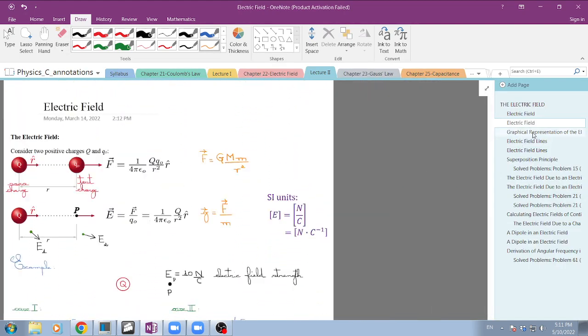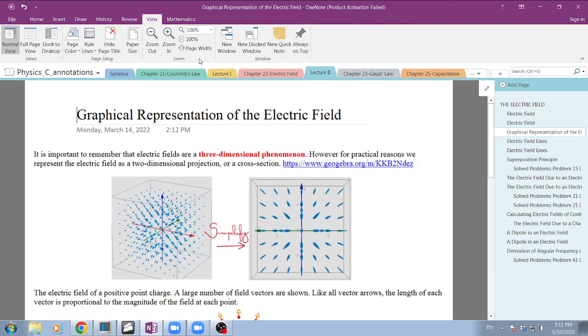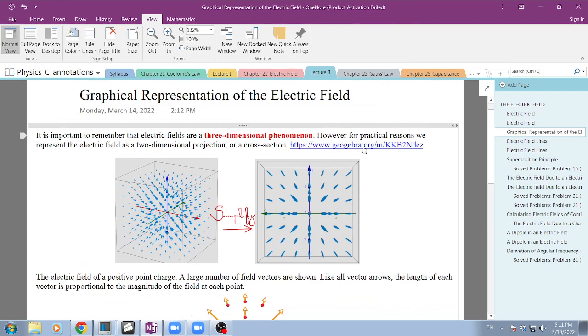Let's go up and talk a little bit about that, because as I mentioned before, the electrical field is a vector field, right? So that means we don't have a distribution of numbers in space. We are going to have a distribution of vectors in space, and this can be very complicated. Let's look at this one.